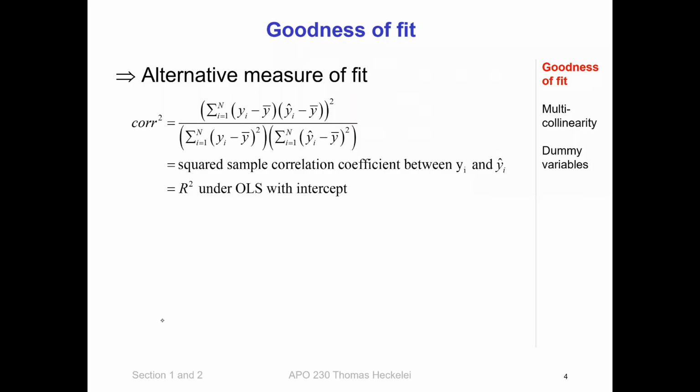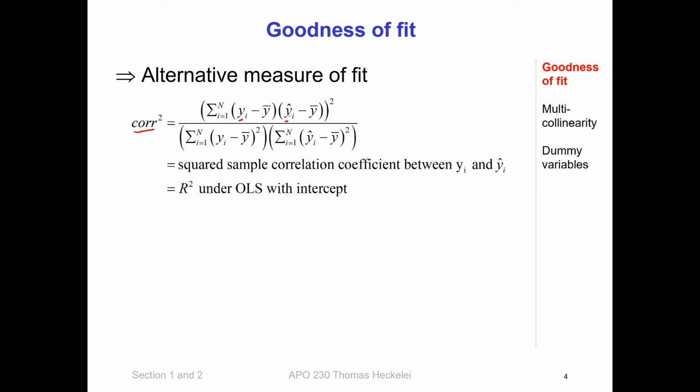There are also other alternatives for goodness of fit, not just R-square. One of them is the square of the correlation coefficient between the dependent variable and the fitted value of itself. And this is just the formula of the correlation coefficient, and then you square it, raised to the power of 2, so that at the end it's still bounded from 0 to 1, making it easier for interpretation, like I said before.